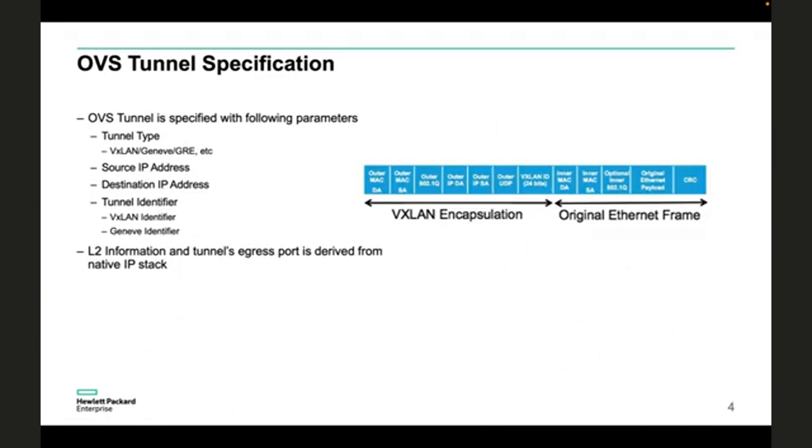So the OVS command expects the tunnel type, which could be VxLAN, Geneve, GRE, etc., source and destination IP address, and tunnel identifier. Destination address and tunnel identifier could be flow, wherein that information is derived from OpenFlow rules. Layer 2 information and the egress port to take for the packet are fetched from the TCP stack.